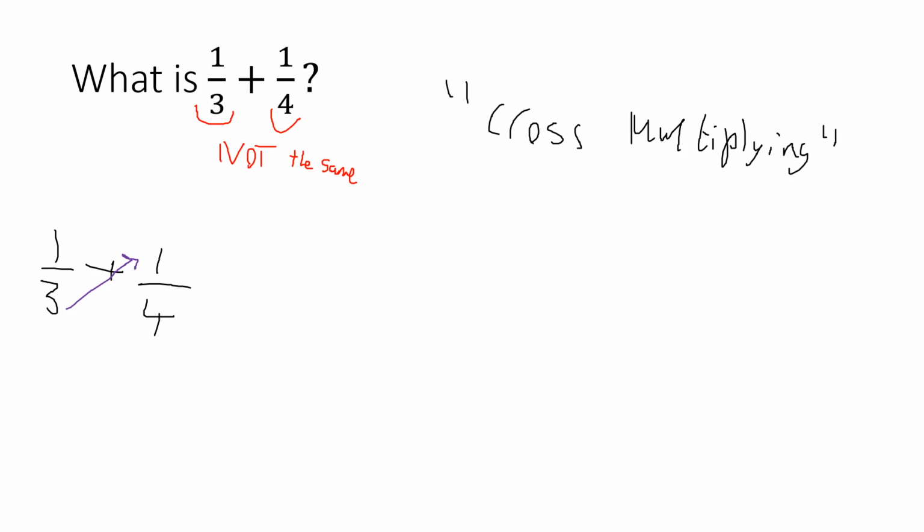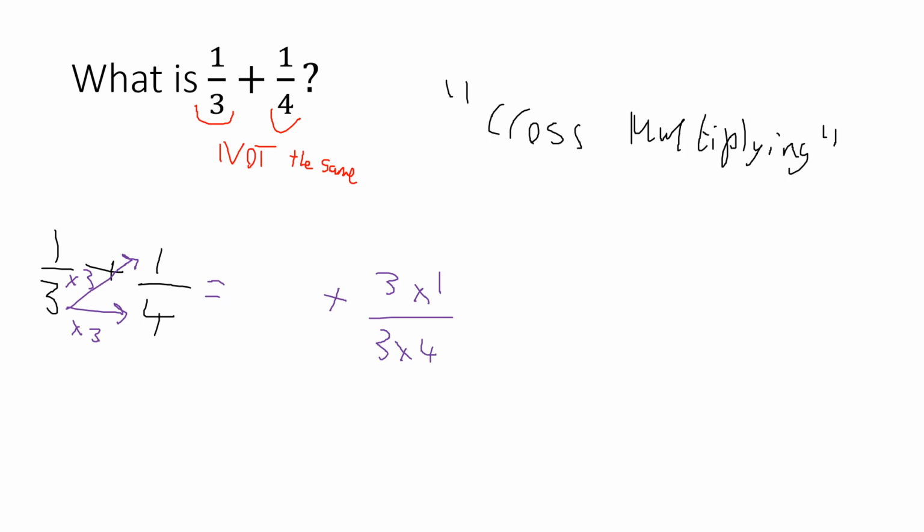For this one we have a 3, so we're going to times this fraction by 3. So this second number here is going to be, what's 3 times 1? 3 times 1 is 3. And we're also going to do the same here. So that's the same as 3 times 4.